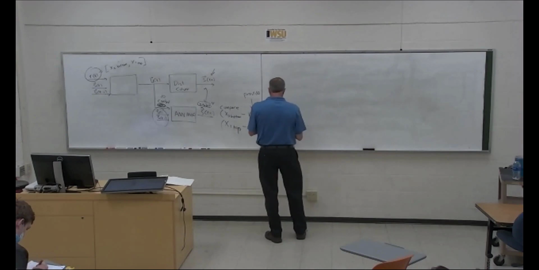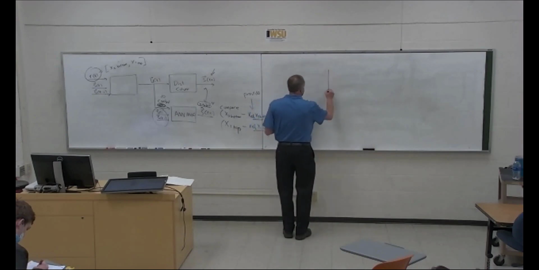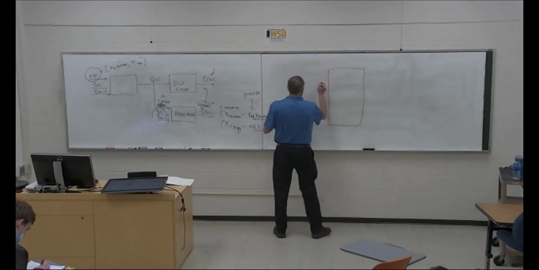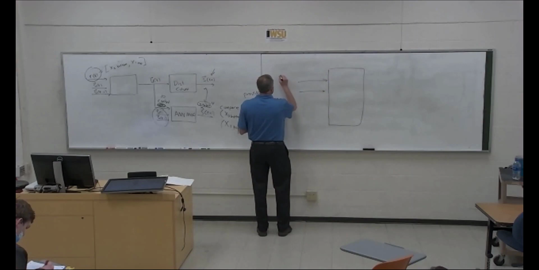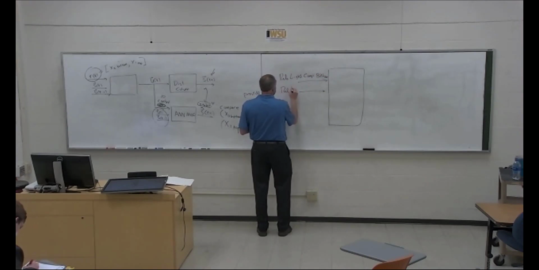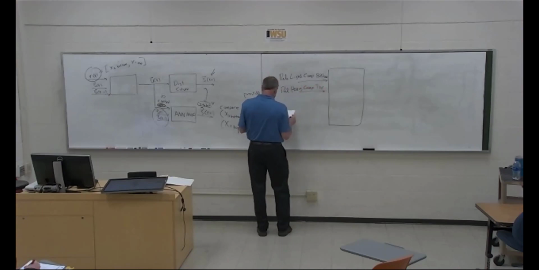Let's see, the controller, again, looks a lot like the model. We have the two reference values: this is the reference light component at the bottom, and this is the reference heavy component at the top.